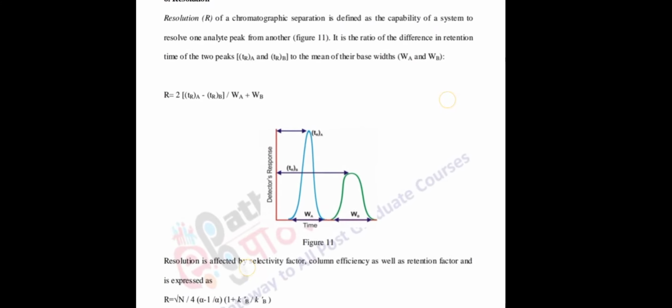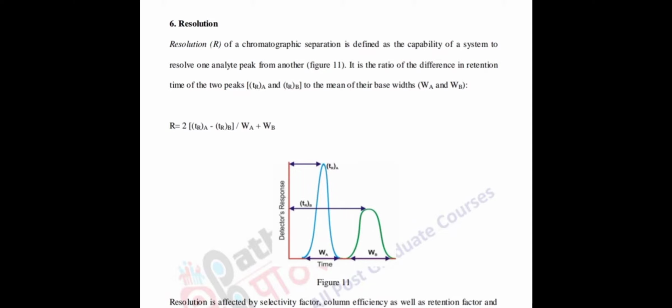Now we can see the resolution. Resolution is defined as the capability of a system to resolve one analyte peak from another. It is the ratio of the difference in retention time of the two peaks.